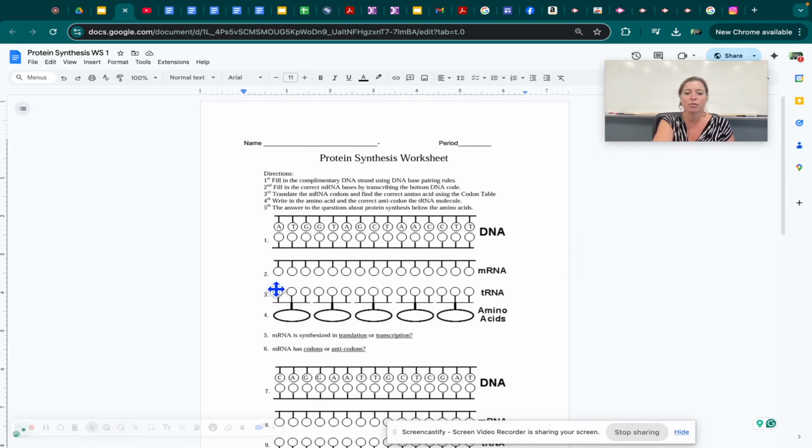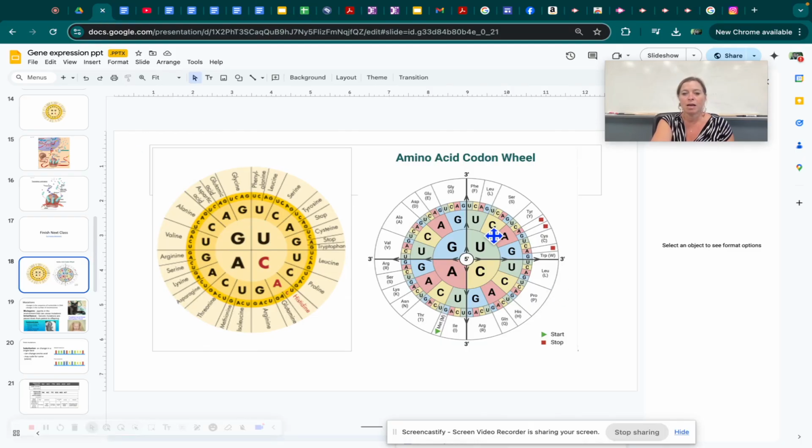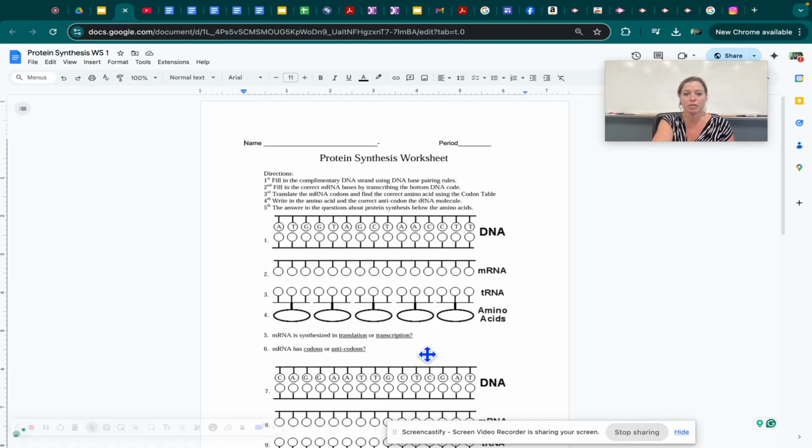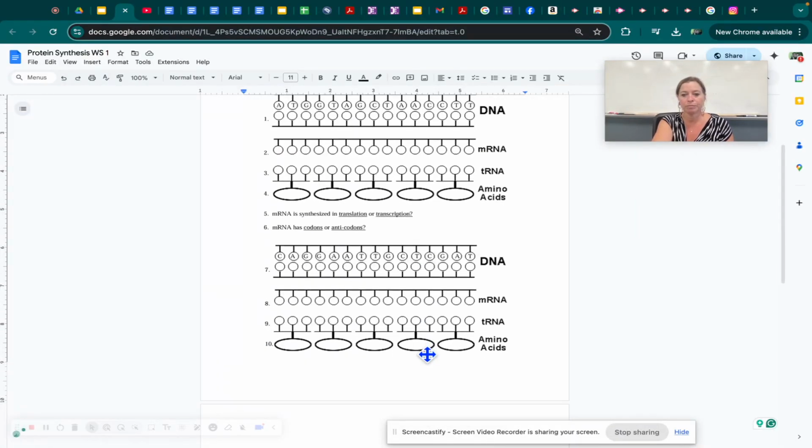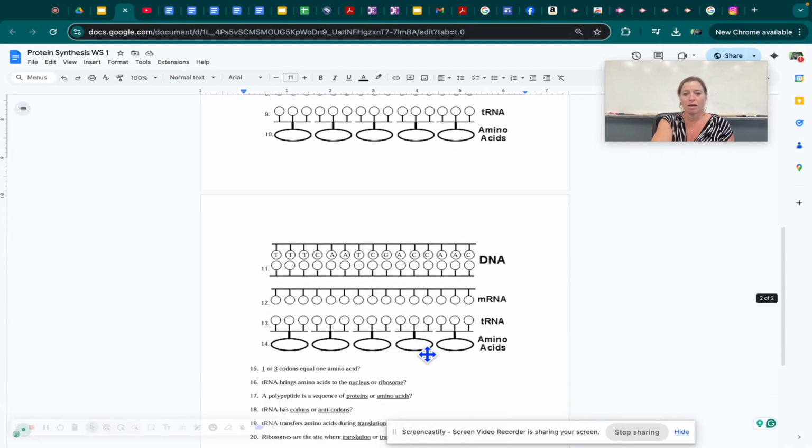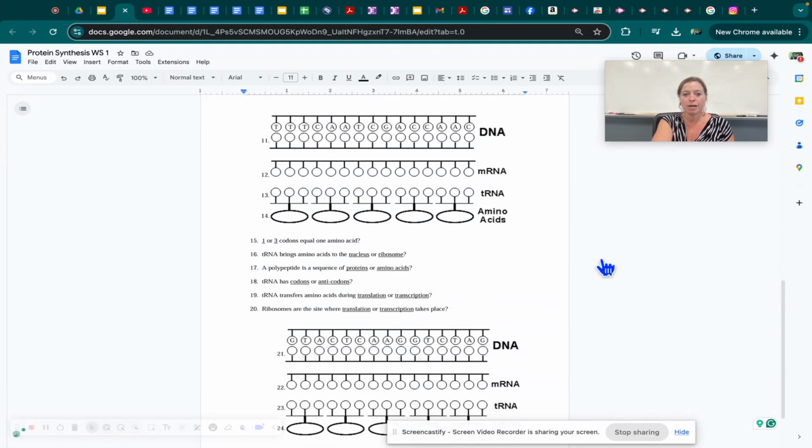I just need you to know that the complement to this is how it knows it has the right amino acid. So we read the message, we read the mRNA, and we use the mRNA in order to determine the amino acid sequence. Let's see if you can do the next one on your own. I'm going to let you finish out this worksheet, and I hope you do a great job. Good luck.